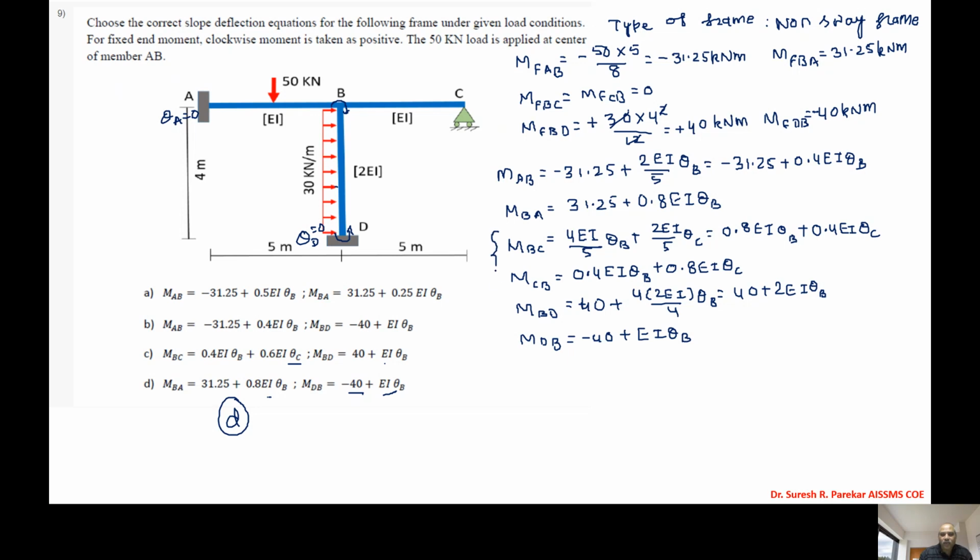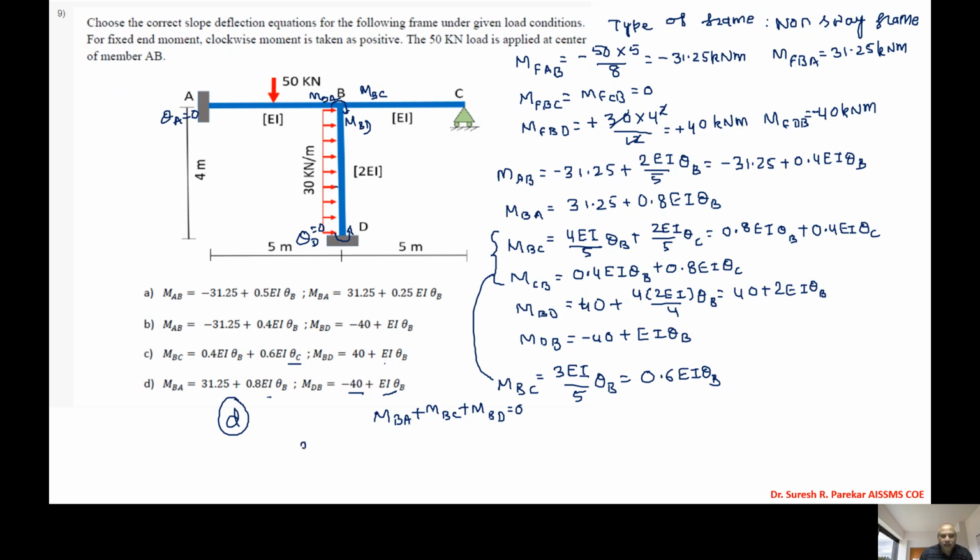So MBC equals the fixed end moment 0 plus 3 EI upon L theta B, and that will be 0.6 EI theta B. Now at the joint we take MBA, MBC and MBD, so the equation is MBA plus MBC plus MBD equal to 0.